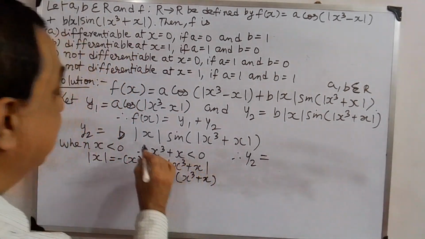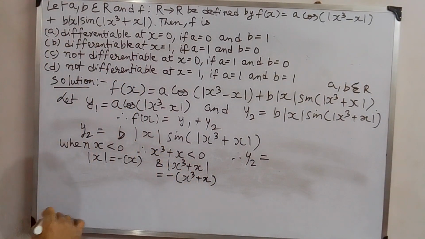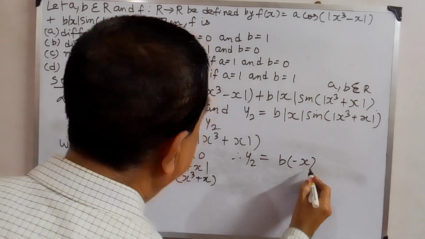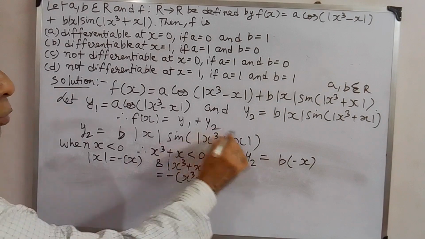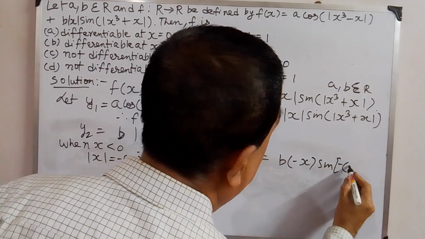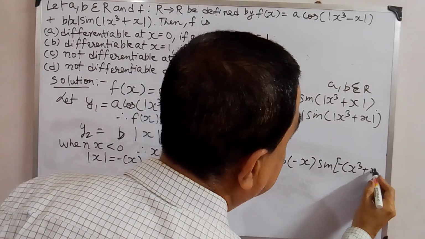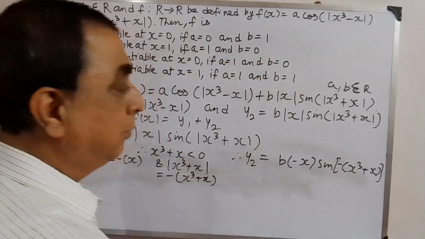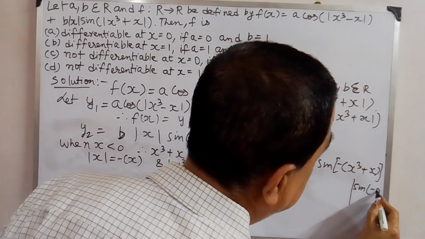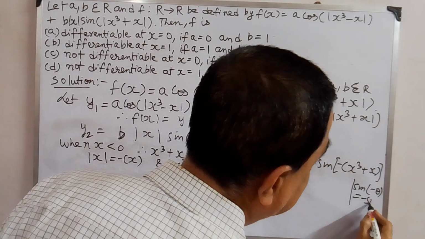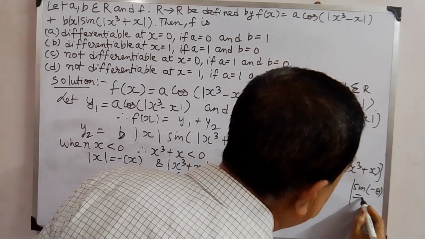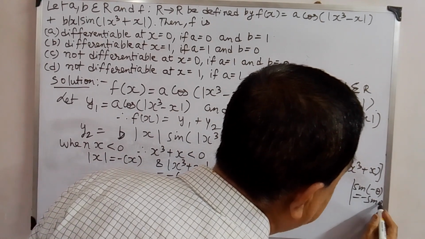Now y2 will be what in that case? Its modulus will be minus x, so this will be b into minus x, and the modulus of the argument will also be the negative of this, so it will be sine of minus of x cube plus x. Now we know that sine of minus theta is equal to minus of sine theta.